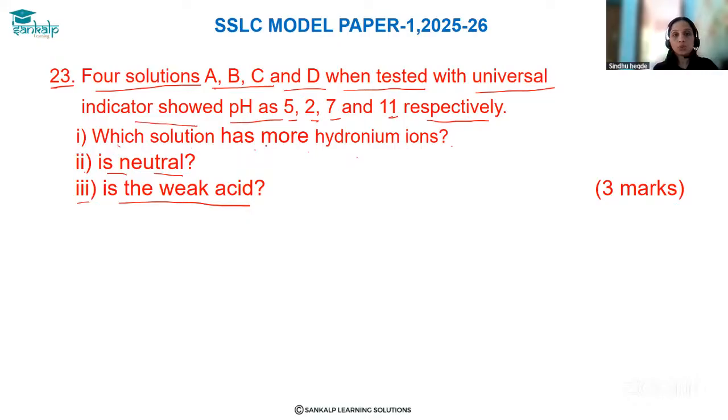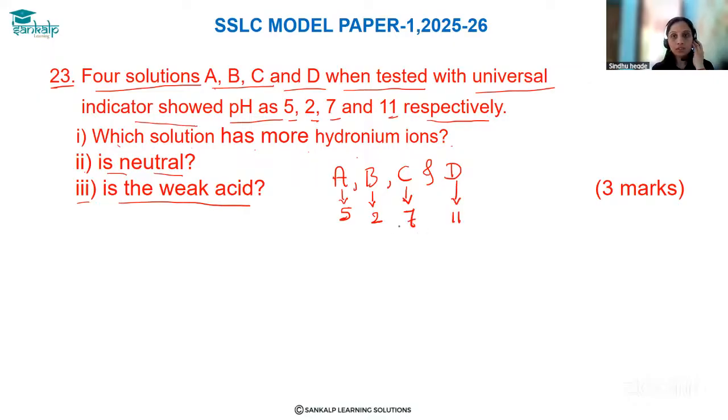Here four solutions are given, that is A, B, C and D. These four solutions have pH values: A having pH value 5, B having 2, C having 7 and D having 11.